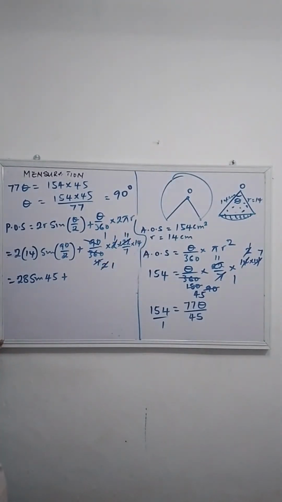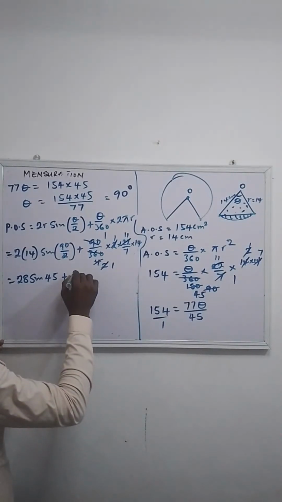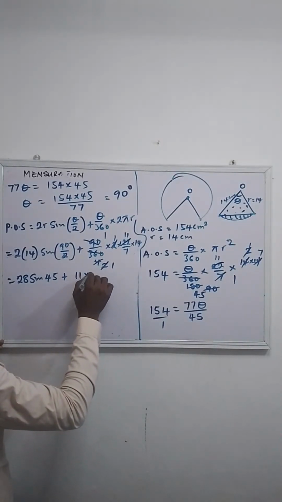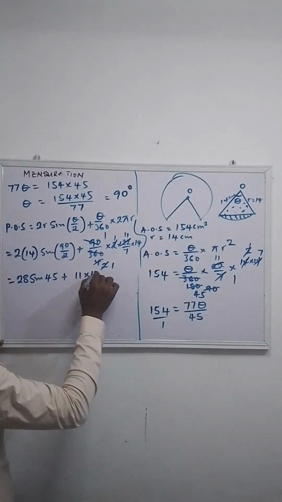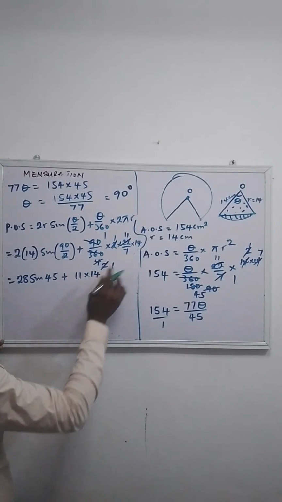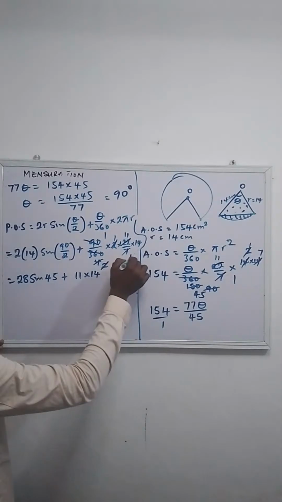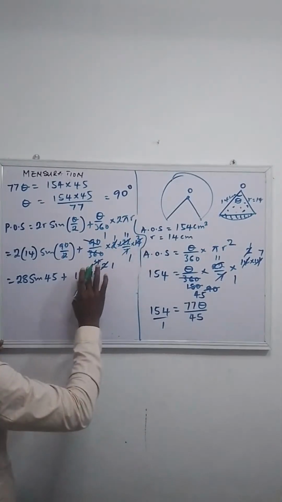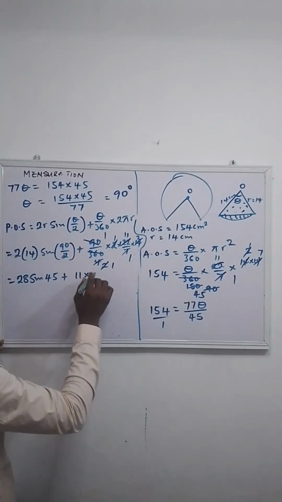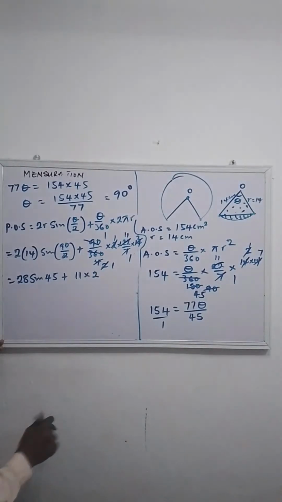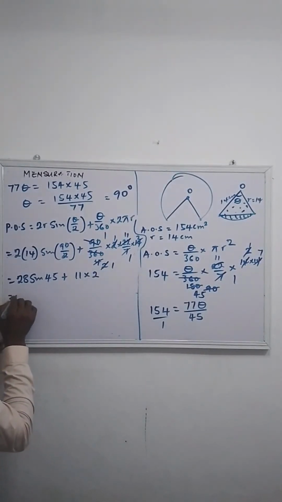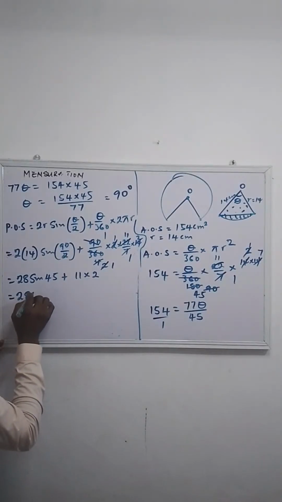Okay, so that means we have 11 times 14 over 7. Okay, we can still simplify. 7 goes here 1, 7 goes here 2. So that means we'll be having 11 times 2 here over 1. So we have 28. So what is sine 45?